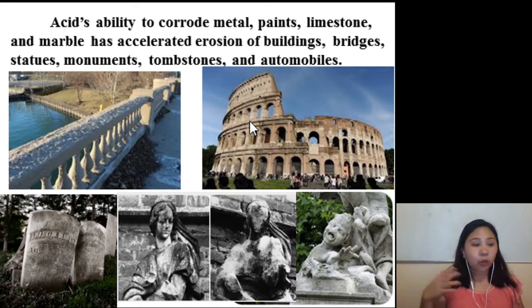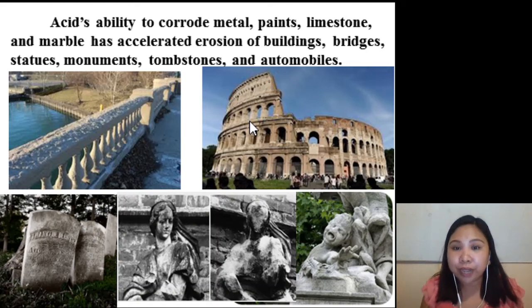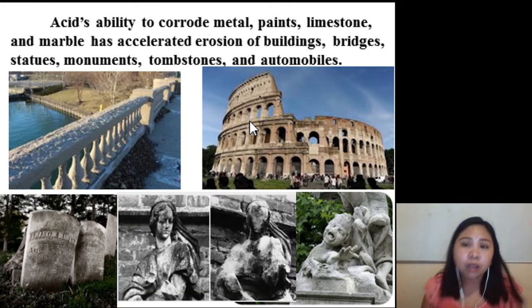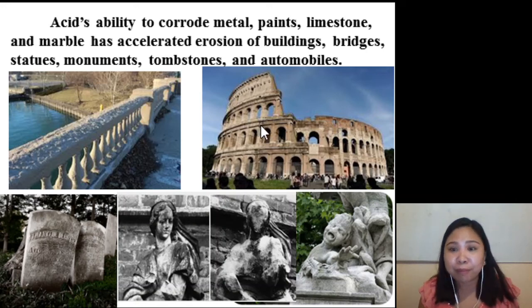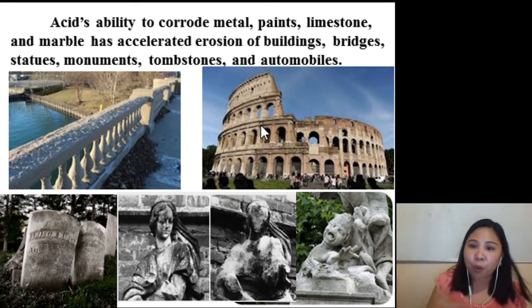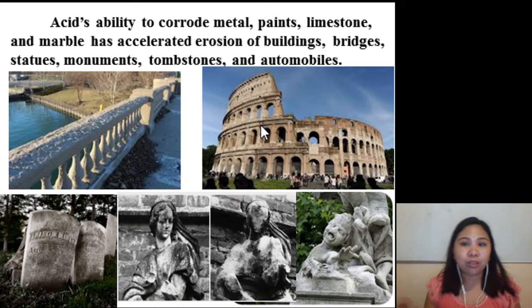So, kapag sobrang taas ng acidity ng mga rain, probably yung mga structures, even yung bahay natin, they are made up of stones. Pagka mataas yung acidity, probably lalambot 'yan at mawawasak yung mga structure. So, that's the effect of acid rain or acid deposition.